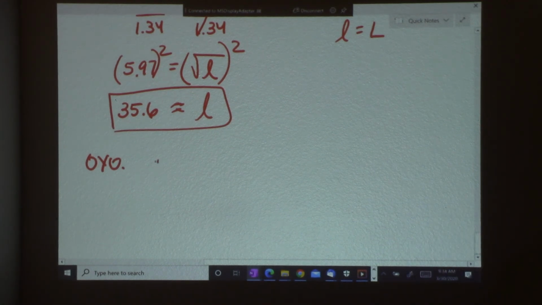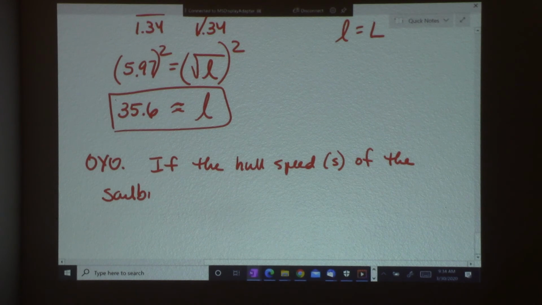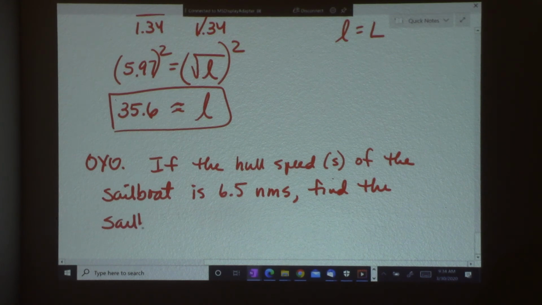Okay, I want you guys to try this one. If the hull speed, which is S, of the sailboat is 6.5 nautical miles per hour, find the sailboat's water line length in feet.